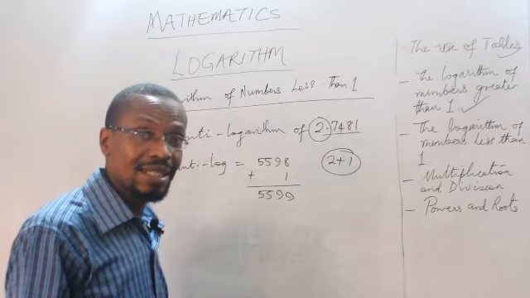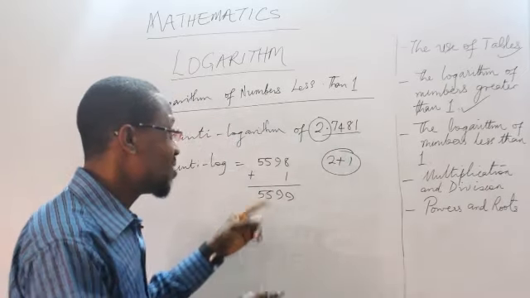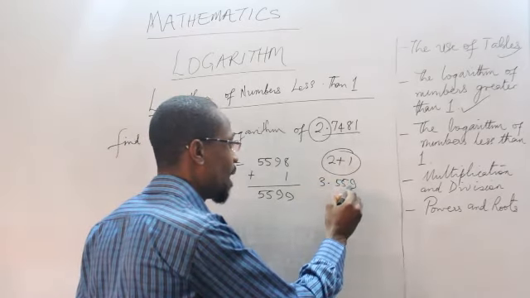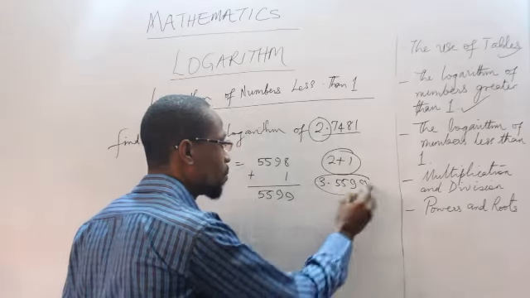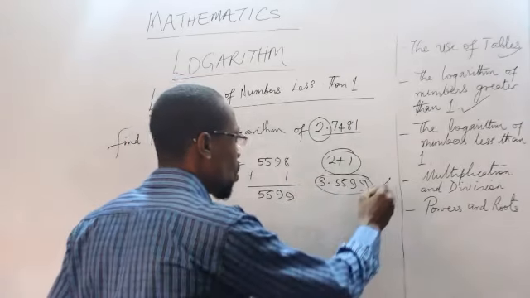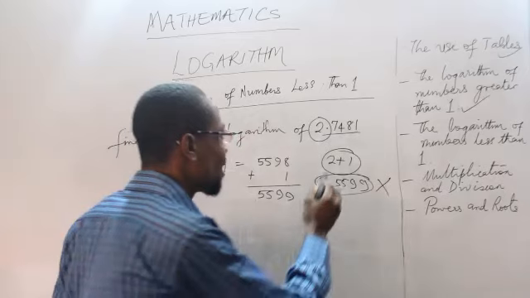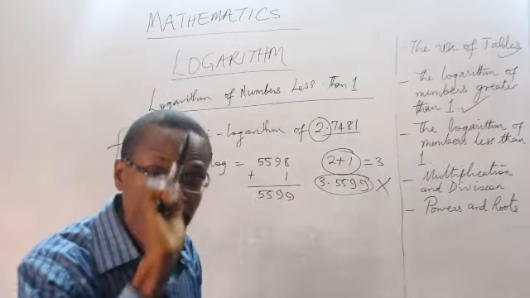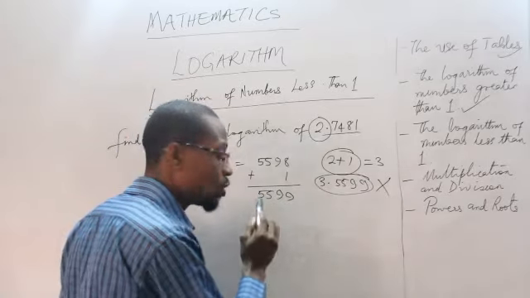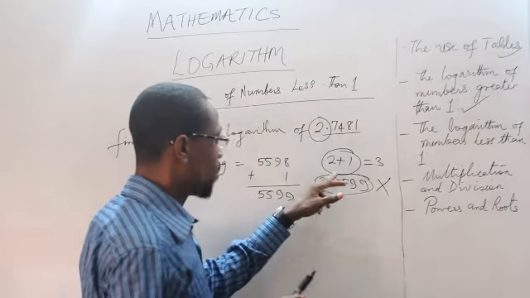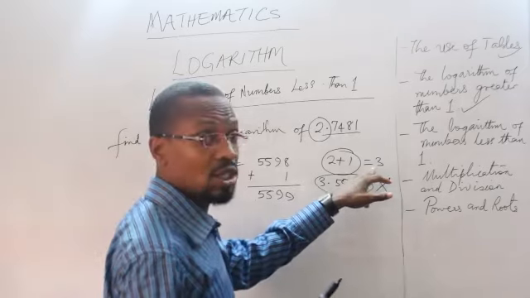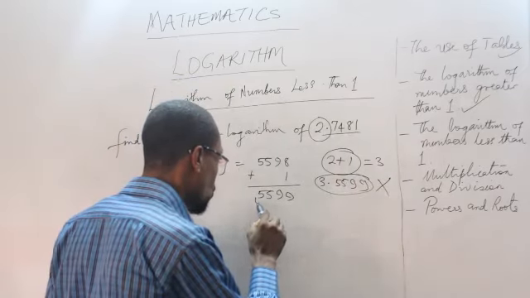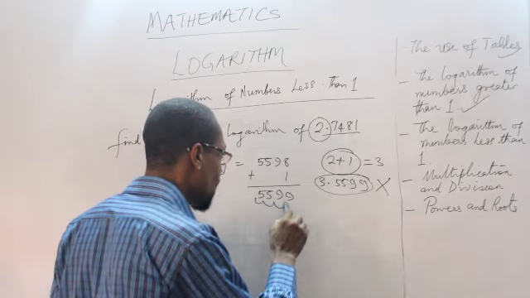But we're not writing it, okay? We're not going to say 3.5599. No. This is wrong. We only use this 2 plus 1, which is equal to 3, to shift the decimal places. Of course, to the right because this is positive: 1, 2, 3.